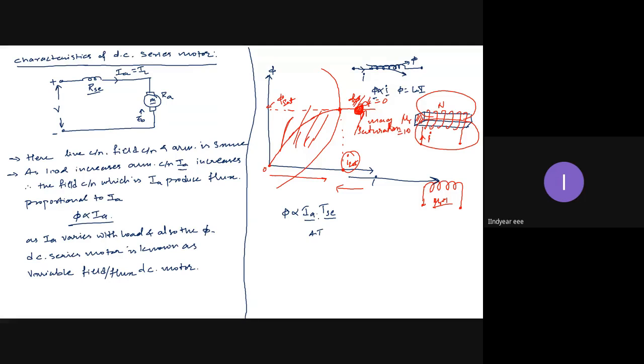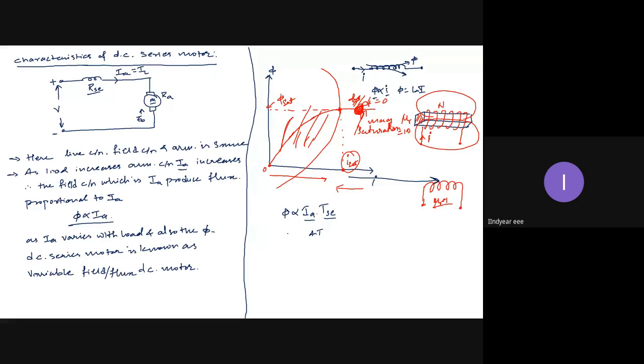Suppose the output of a motor is 10 kilowatts operating at 200 volts. What will be my current? 10 kilowatts by 200 will be around 50 amperes. So I know the armature current in the DC series motor is 50 amperes.